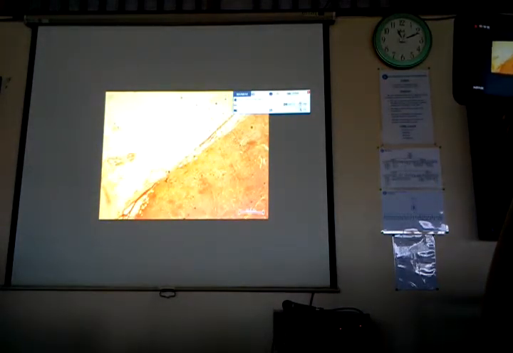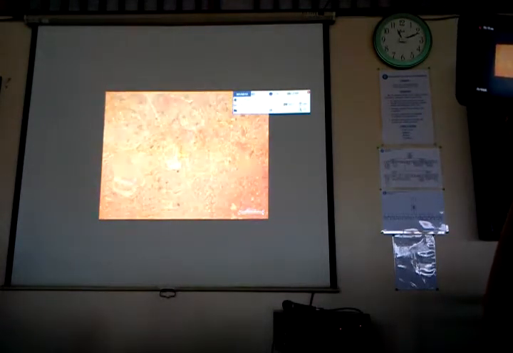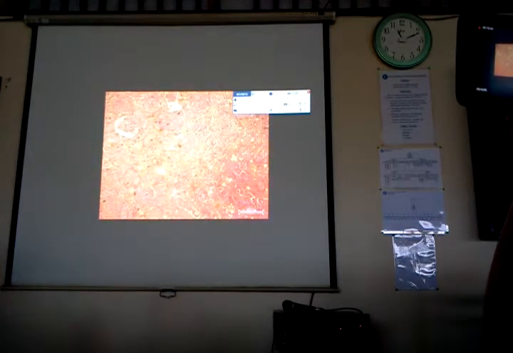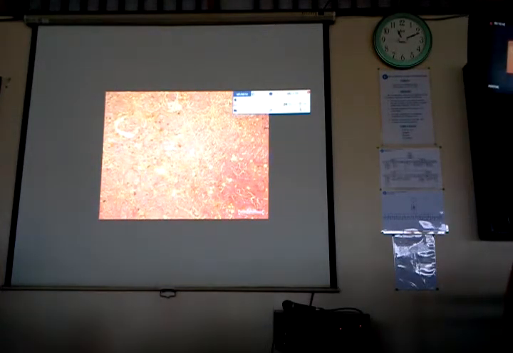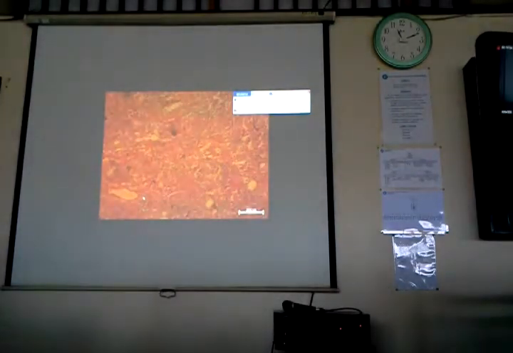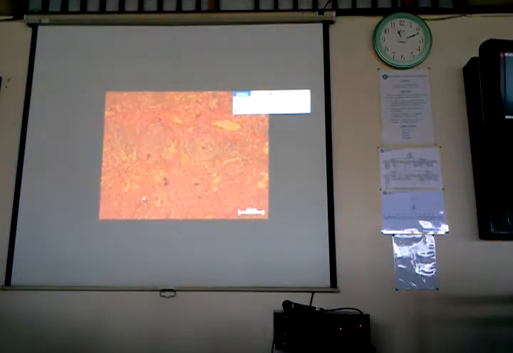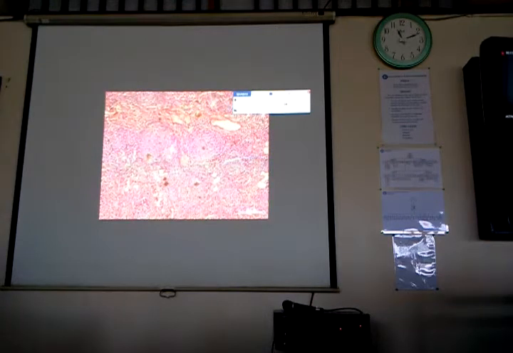It's composed of the cortex. Normally, there should be lymphoid follicles. And then, in the central portion, in the medullary portion, we are still seeing lymphoid follicles, which should not be present normally in the medulla of the lymph node. So that will now be the characteristic abnormality that you should be able to identify.